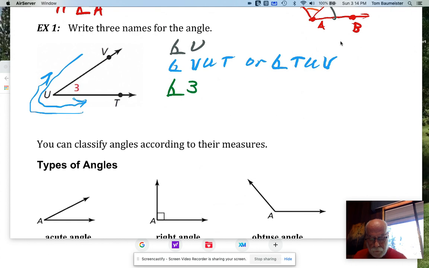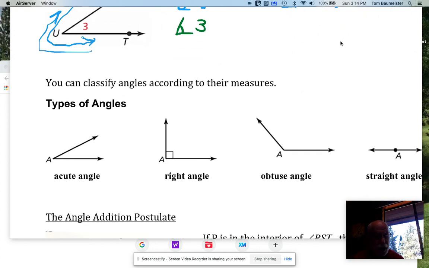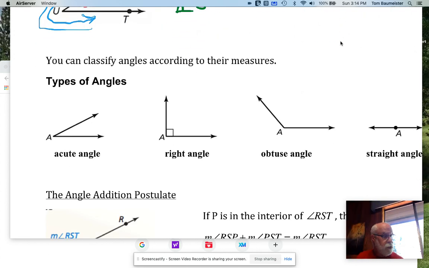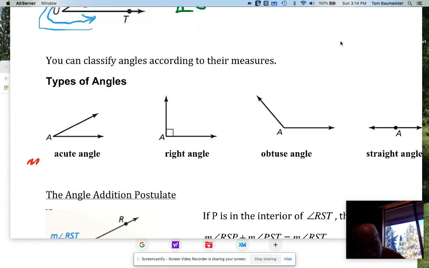You can classify angles according to their measures. Remember, if it's cute, think of it as, oh, what a cute little angle. That tells us its measure is between 0 and 90 degrees.